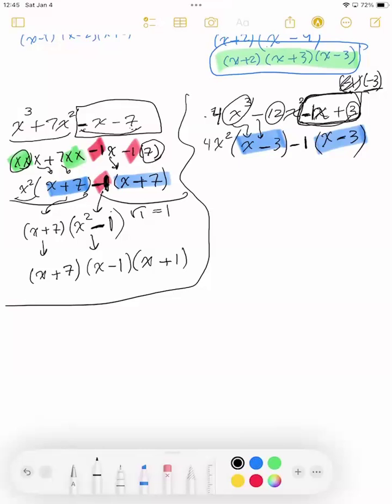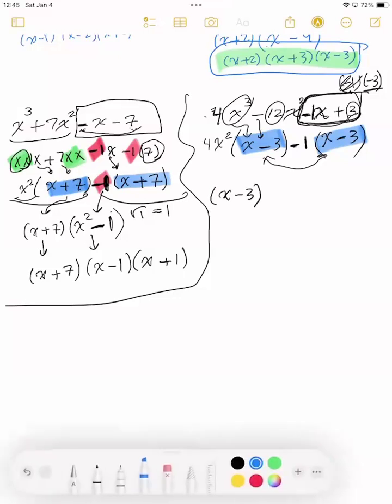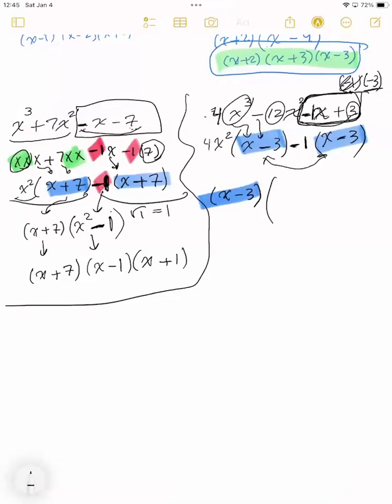So sometimes you have to factor a -1, sometimes you have to factor a positive 1 so that these two are the same. Because now that is your greatest common factor. x minus 3 is your greatest common factor. Open up the parentheses, you get 4x to the power 2 minus 1.